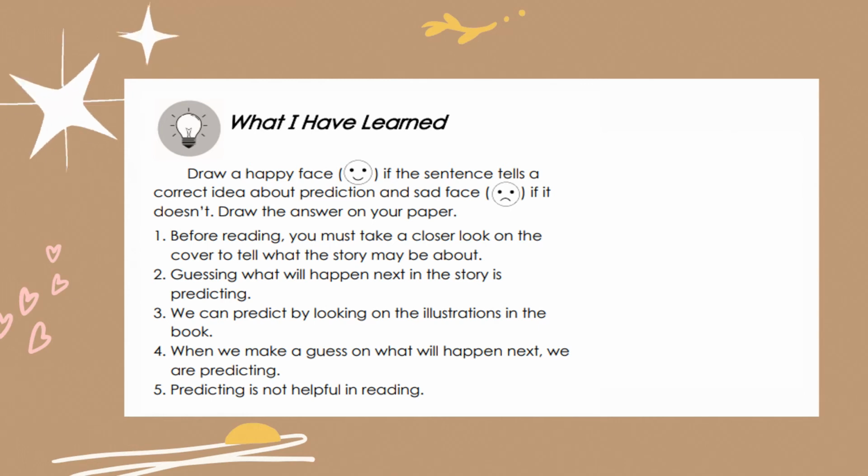Number 2, guessing what will happen next in the story is predicting. Number 3, we can predict by looking on the illustrations in the book. Number 4, when we make a guess on what will happen next, we are predicting. And number 5, predicting is not helpful in reading.